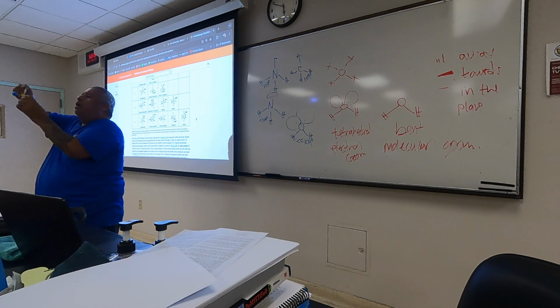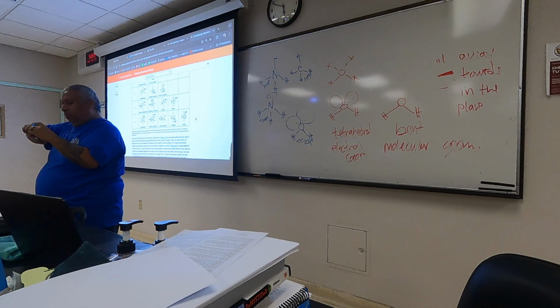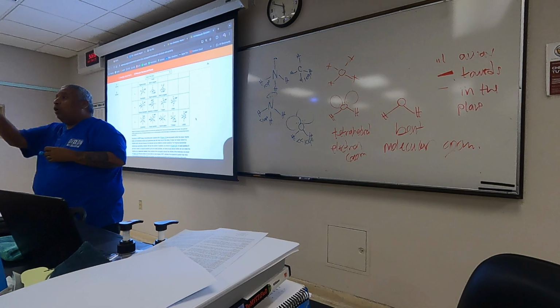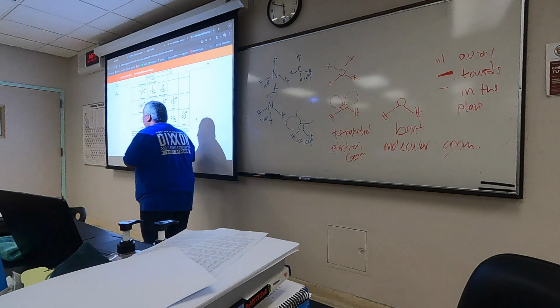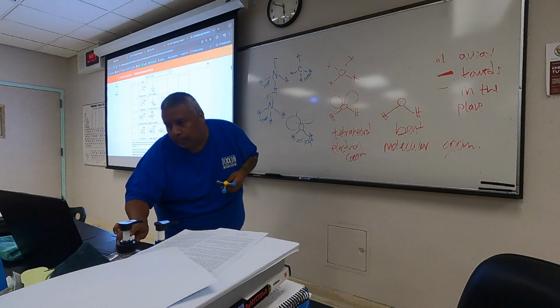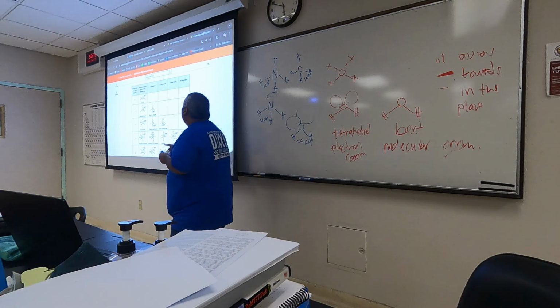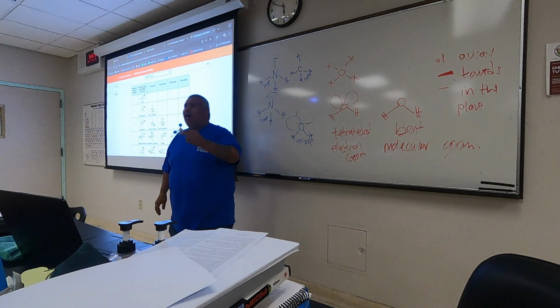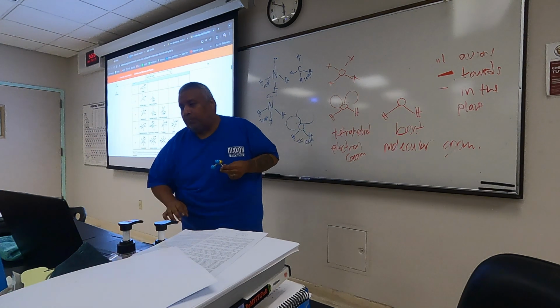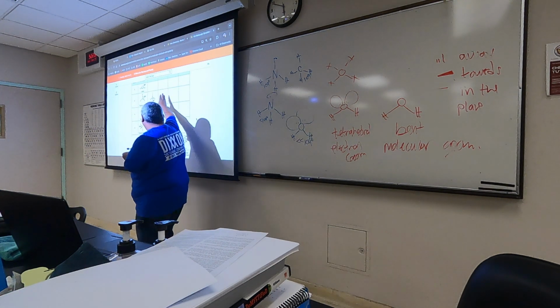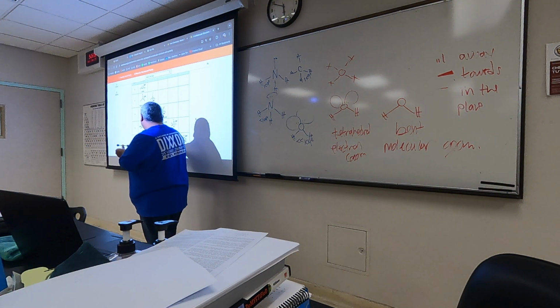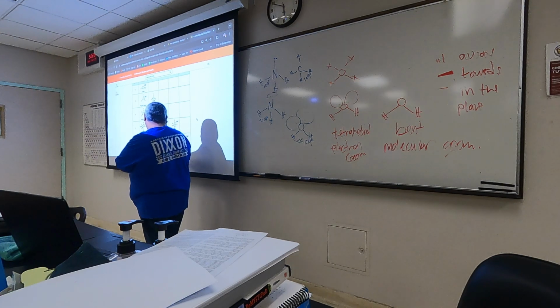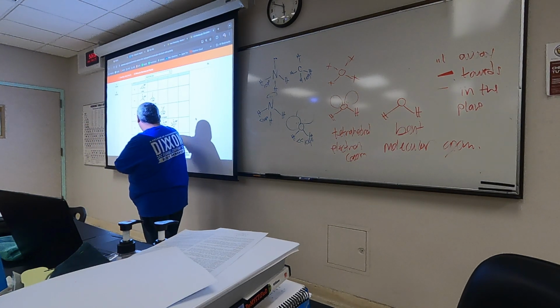If I remove them and I have two lone pairs, the molecular geometry for two lone pairs coming from an octahedral, we have different shapes here.